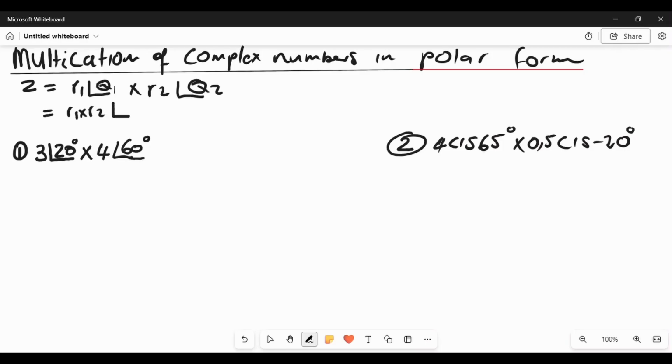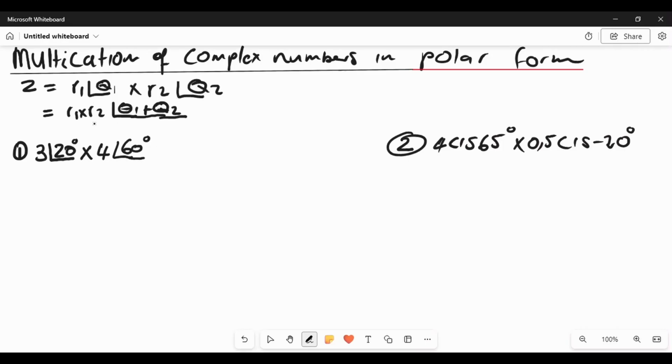And then what happens to the argument? This argument 1 is going to add with argument 2. So basically, this is the formula that you must use. When you do the multiplication in polar form, the moduli multiply as usual, and the arguments add or subtract depending on the sign of the argument.